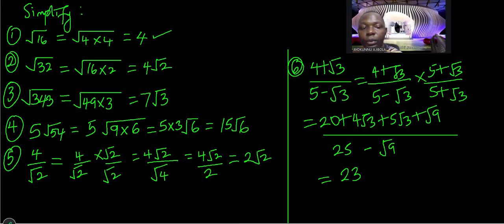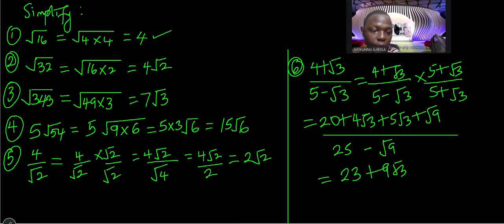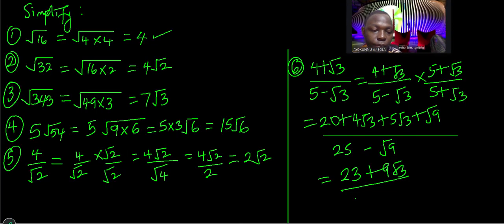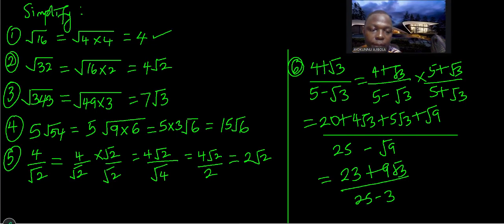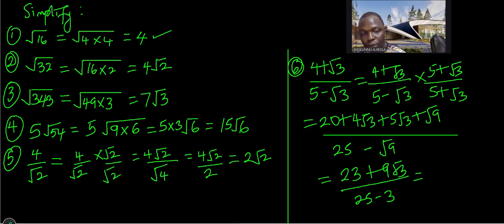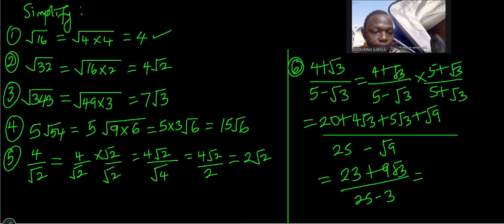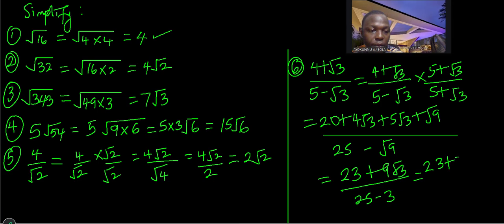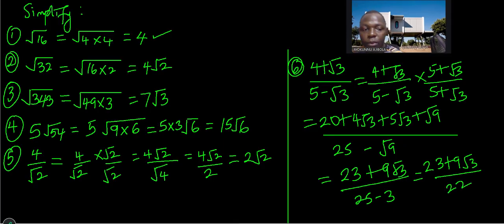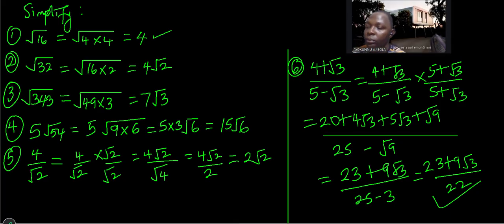Then 4 root 3 plus 5 root 3 will be 9 root 3, all over 25 minus 3. So 25 minus 3 is 22, right? So we have 23 plus 9 root 3 all over 22. So this will be the answer to that. Is that clear? Okay.